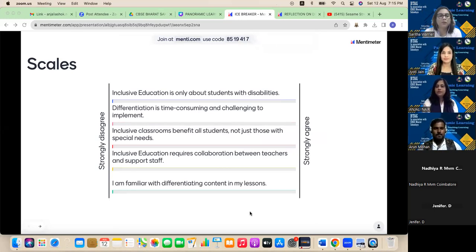I hope the screen is visible. Yes, ma'am. I want the participants to just go to menti.com and enter the code. Ma'am, I hope you have pasted the link in the chat box. I haven't done.